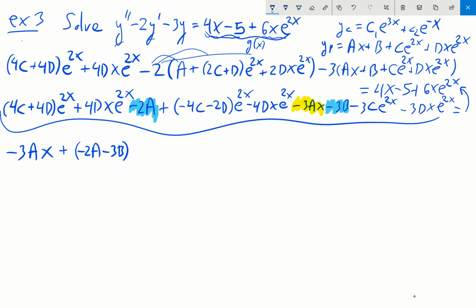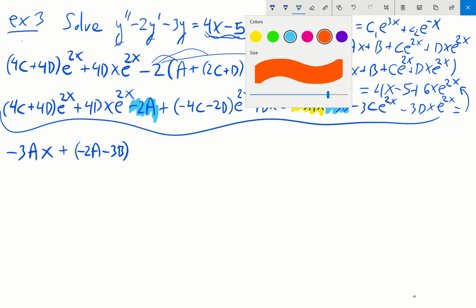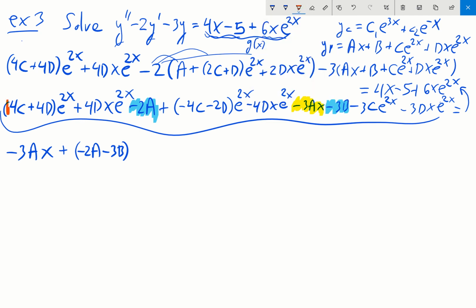The next term I have on the right-hand side, well, I don't actually have it here, but I would have written the next, had it existed, would have been a constant times e to the 2x. Where are our constant times e to the 2x terms? Well, there's one right here. Here's another one. And there's one more right here. That's another e to the 2x term.